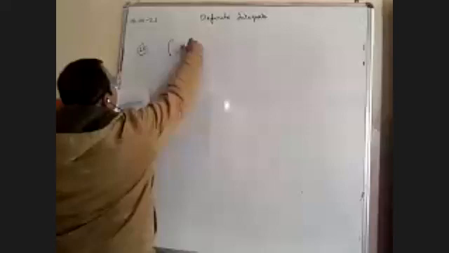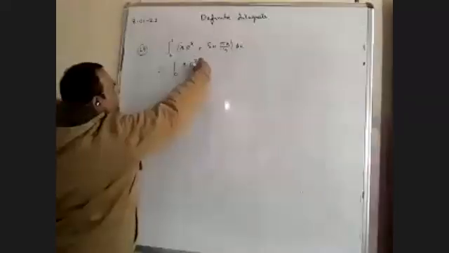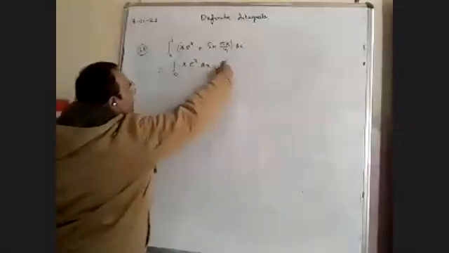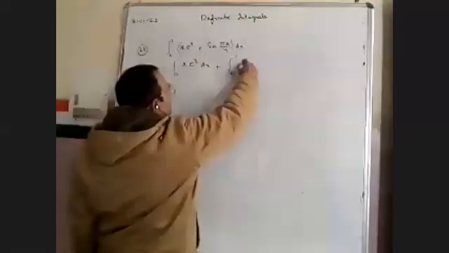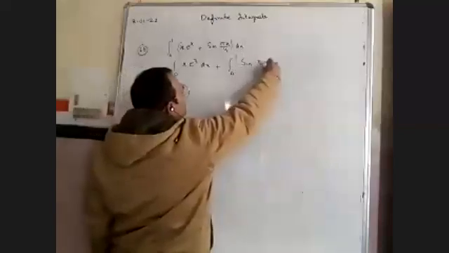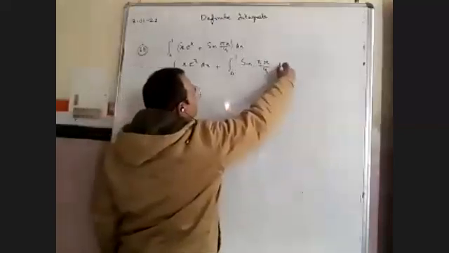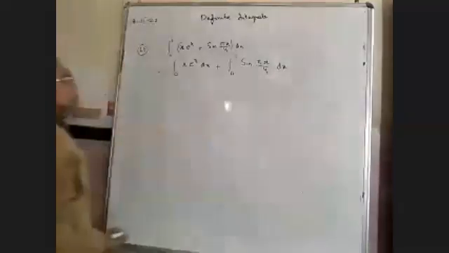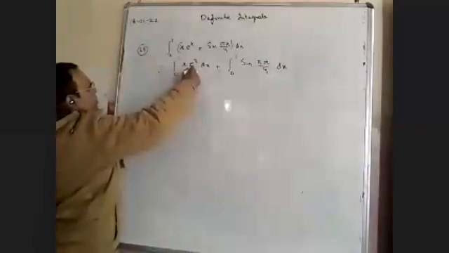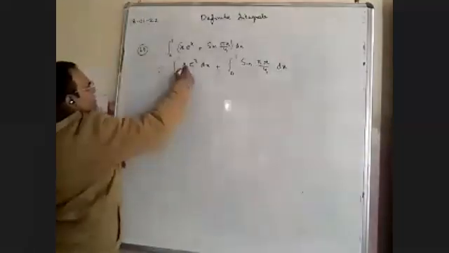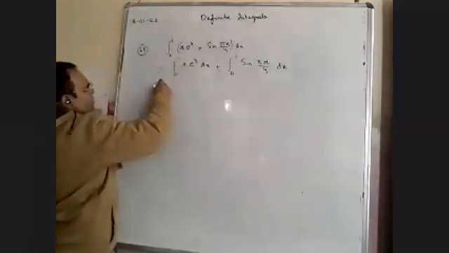Integration of sin x we know is very easy, minus cos x. Just e to the power x dx and 0 to 1 sin pi x upon 4 dx. So in this question you can use first function and second function.